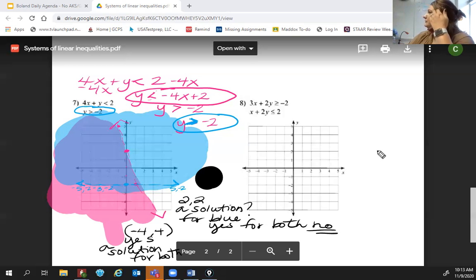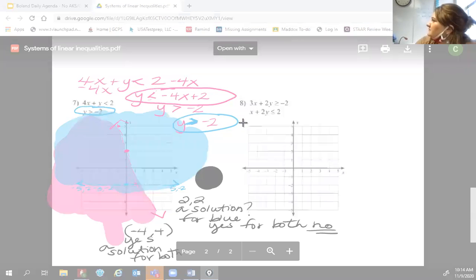If you are given just a graph, and a question about your graph. So let's say on your test, you have something like, let me use this one.